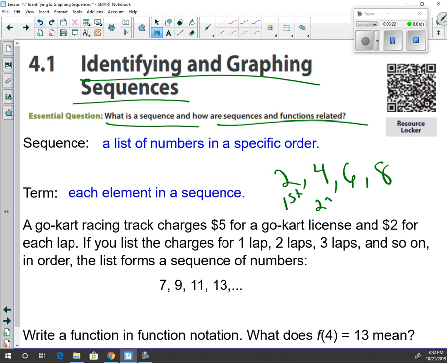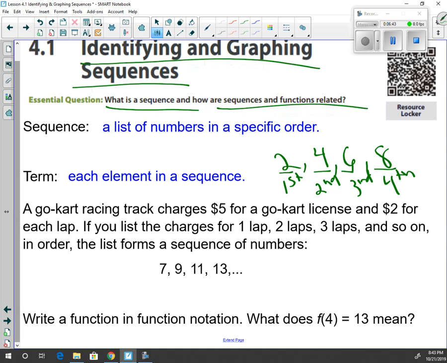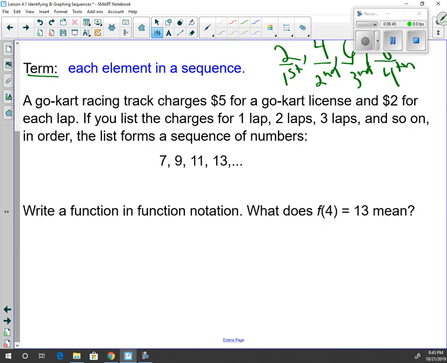This is the second term. This is the third term, fourth term, and so forth, right? So we can have a sequence. Obviously, I'm just adding 2. And so we can talk about the number 2 being the first term, and the number 8 being the fourth term. Just some organizational things as we start talking about sequencing, okay? Because terms are going to be something that we use later on.